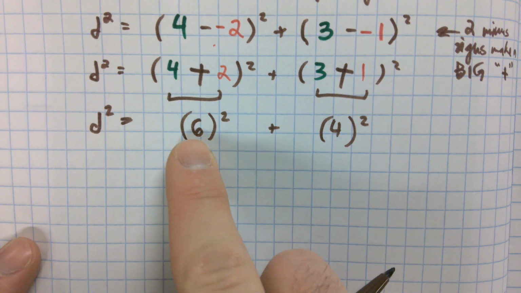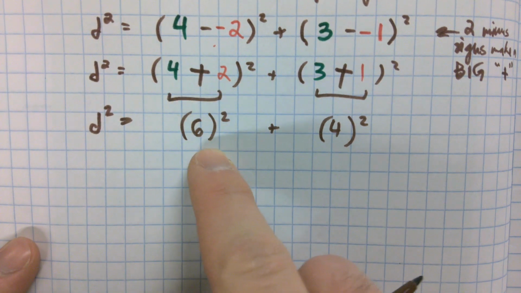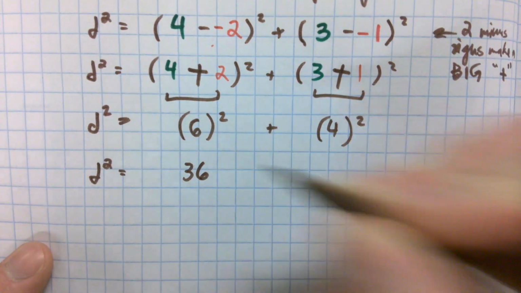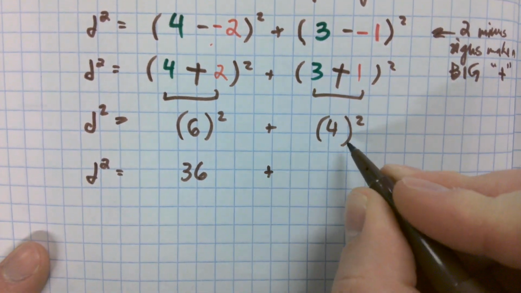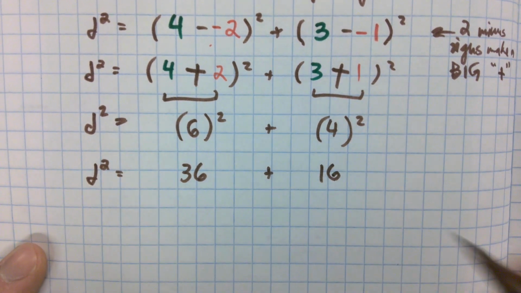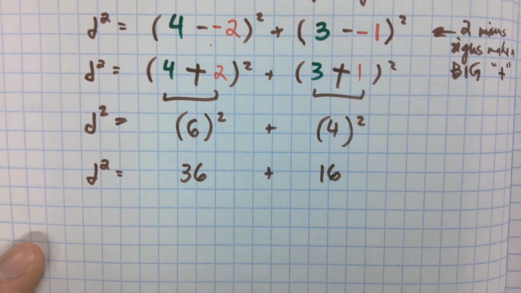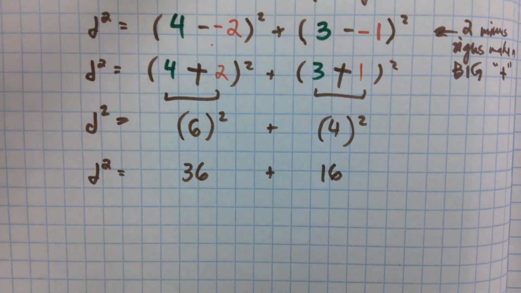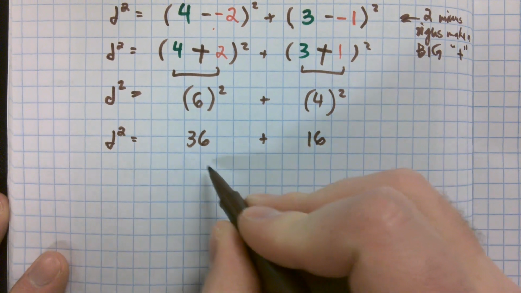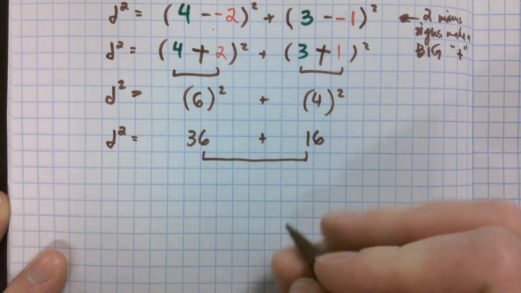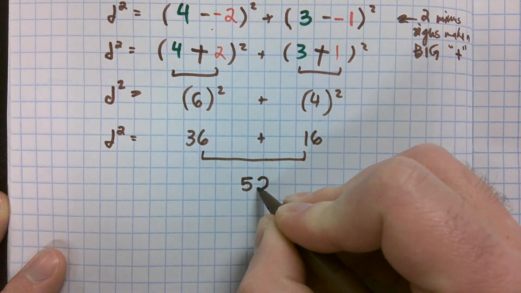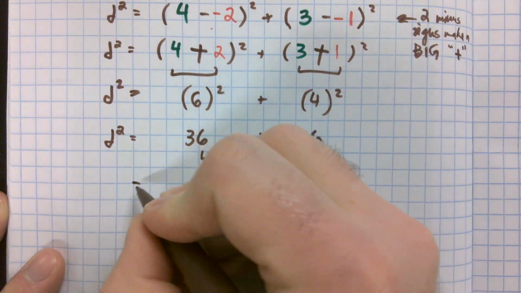Now, what is 6 squared equal to? 36. What is 4 squared equal to? 16. All equal to d squared still. And what is 36 plus 16? 52.